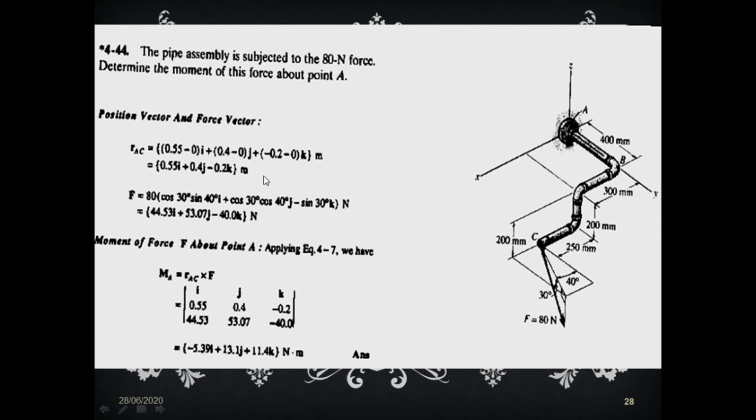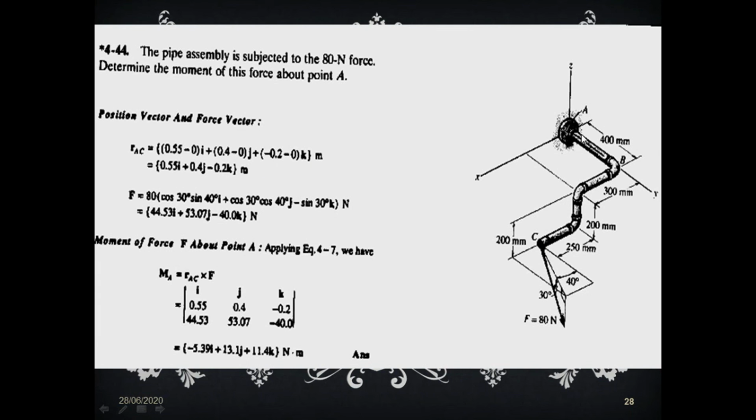So 550 mm means 0.55 m. And what will be the y-axis distance? From here O, if you move till point B, which is lying exactly at C, it will be 400 mm, so 0.4. And what will be the k component? If you look at it, this is the same plane. When we go down, it is 200 mm, but below is minus Z, so it comes out to be minus 0.2.